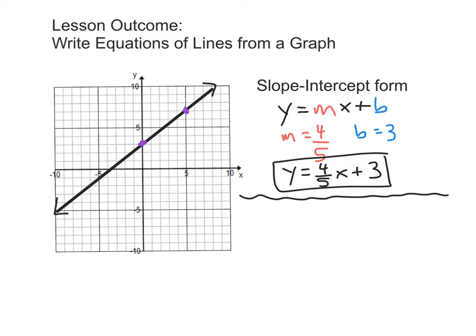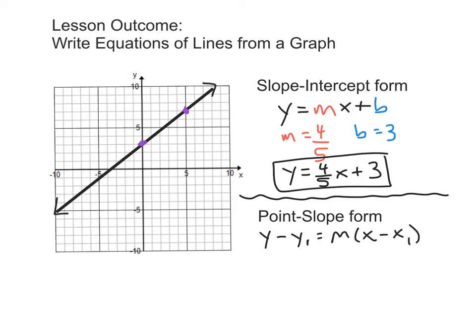Now, the second way we can do this is by using point-slope form, which we've just recently been starting to use in class. Point-slope form, you'll remember, is y minus y1 equals m times x minus x1.